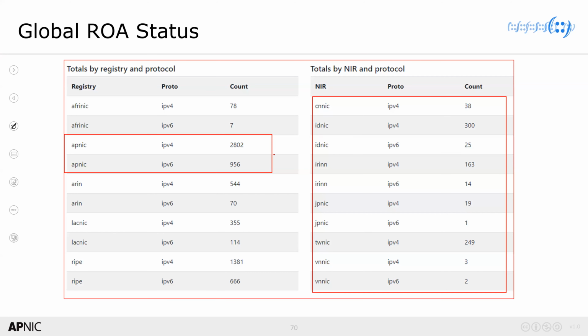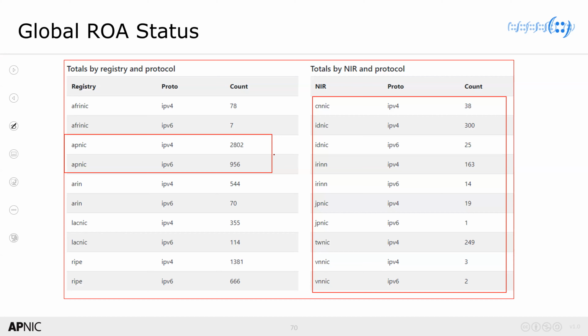We look globally. So these are invalids. Within APNIC in V4, there are 2,802 invalid V4s and 956 invalid V6.